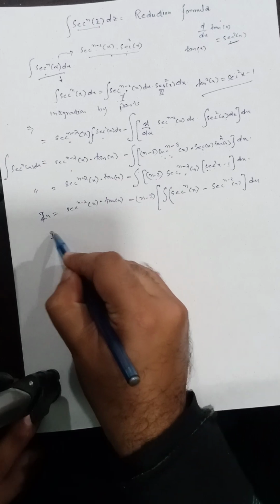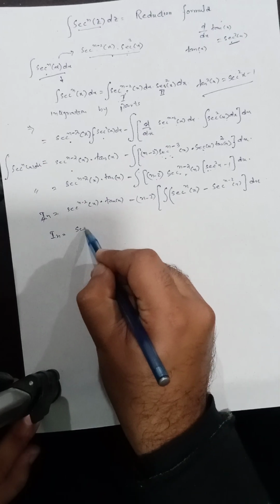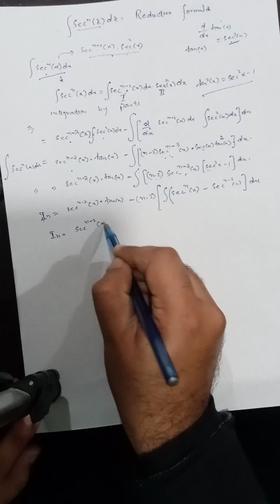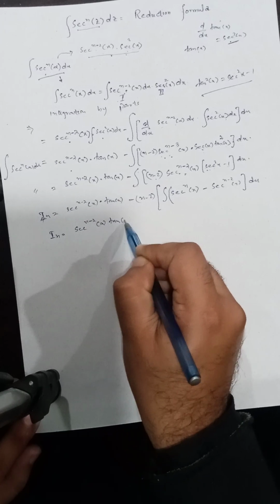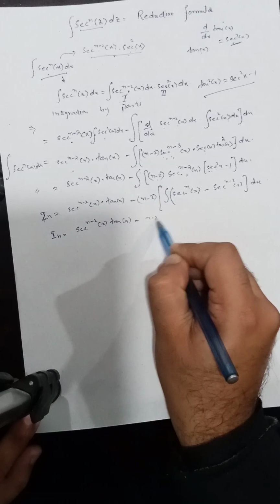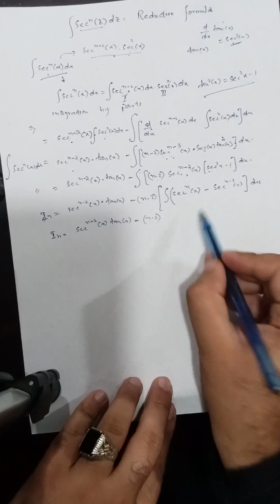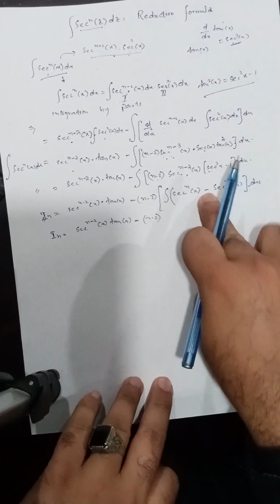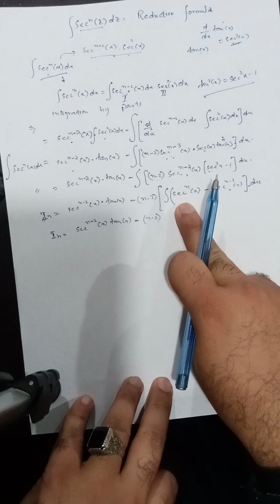So this side is equal to I n, so it is equal to secant of n minus 2 of x tangent of x minus n minus 2 in its place, and this function is subtracted from these functions.